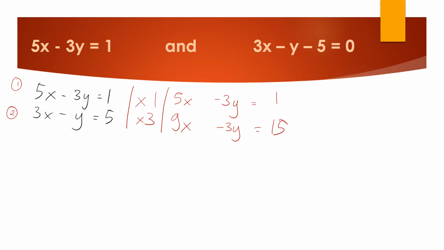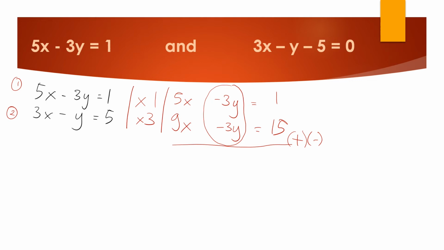So now let's think about the sign, plus or minus. Our focus is to eliminate this y. So minus 3 makes minus 6. So we have to add what sign here, plus or minus, to make it 0?